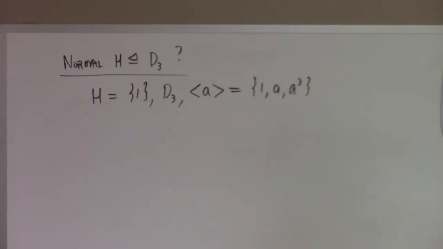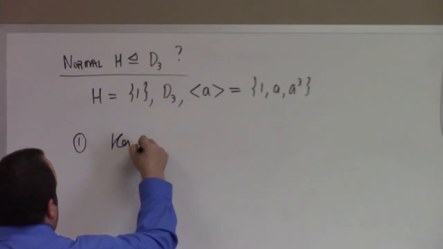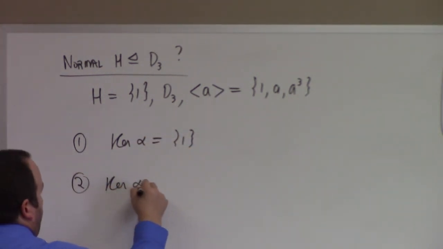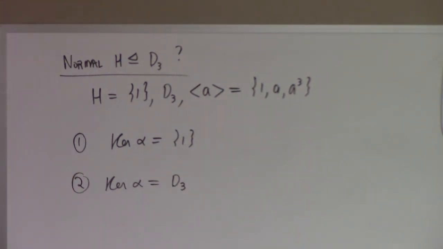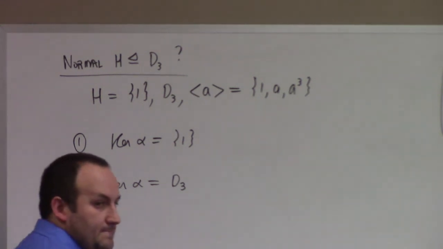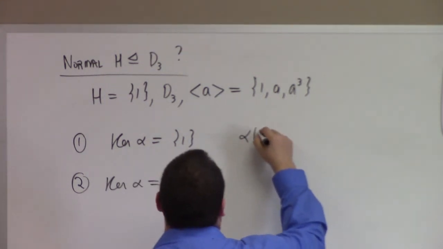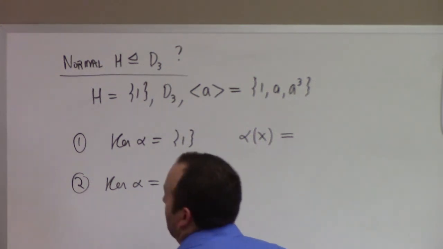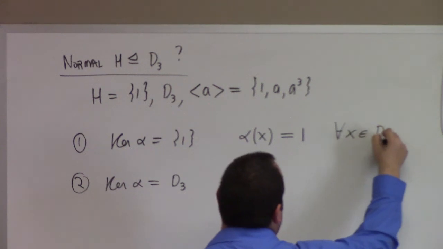So here are the choices. 1, we can have the kernel of alpha equal to 1, right? 2, we can have the kernel of alpha equal to all of D3, right? So how do you get the kernel of alpha equal to all of D3? You say alpha of x equals to what? 1 for all x in D3, right?